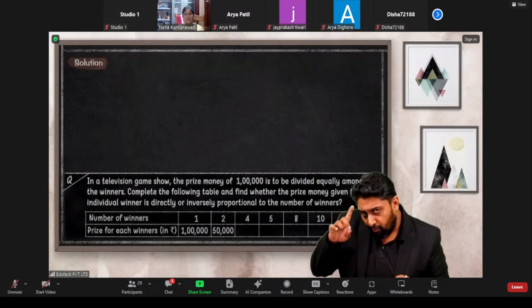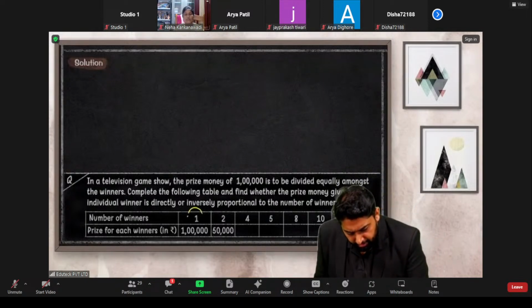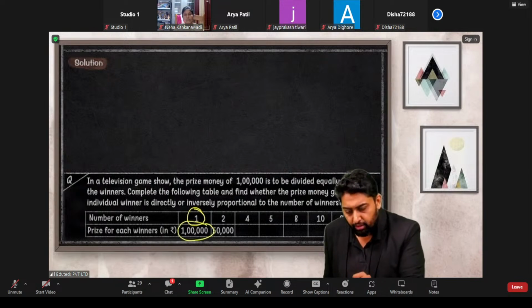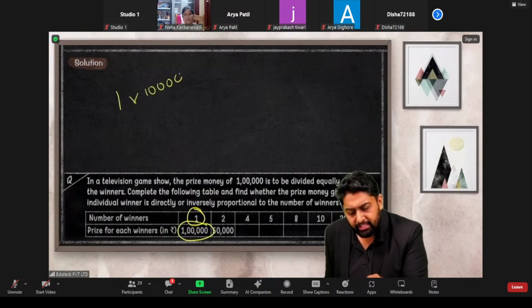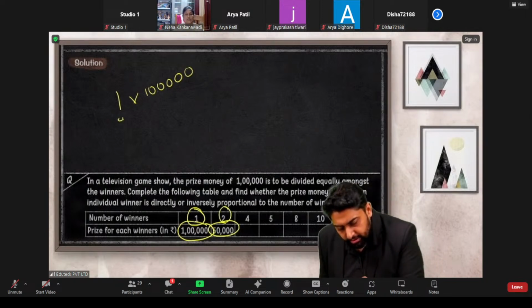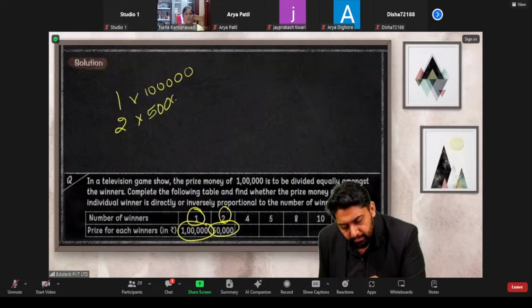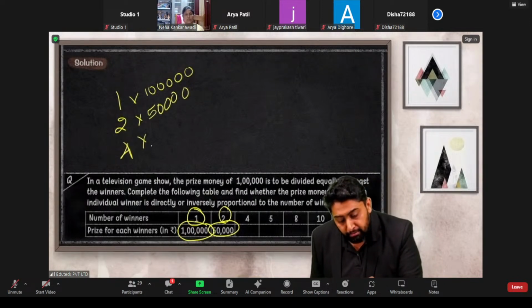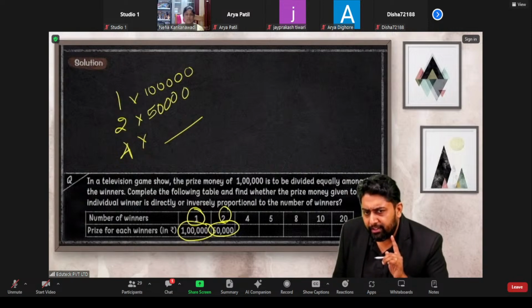Yes, sir. So now observe, a very important part. First quantity's first value, second quantity's first value: 1 into 1 lakh. The answer should be 1 lakh. Second value, 2 into 50,000. What will be the answer? 1 lakh only, sir. Wow. That means 4 into something should give us 1 lakh. Correct? Yes, sir.